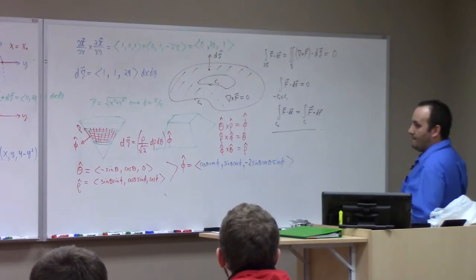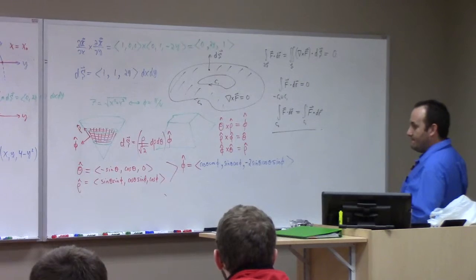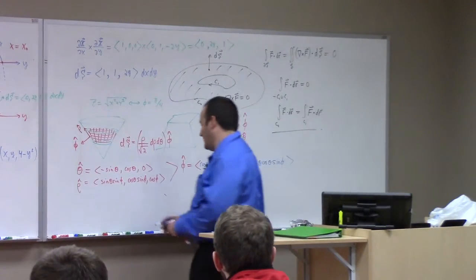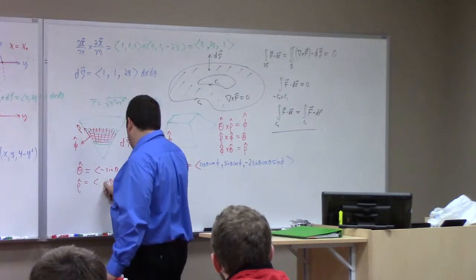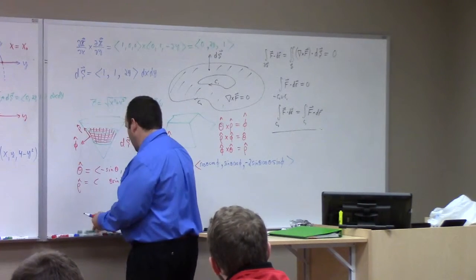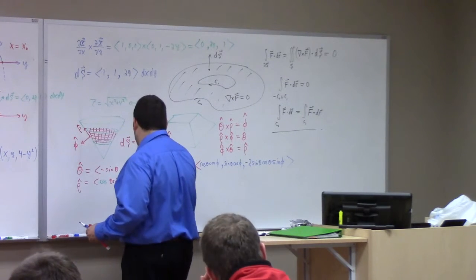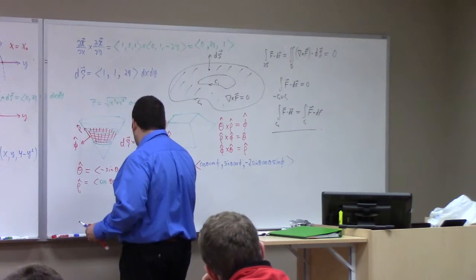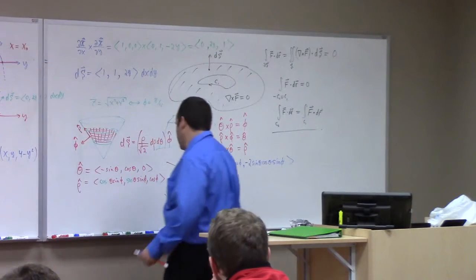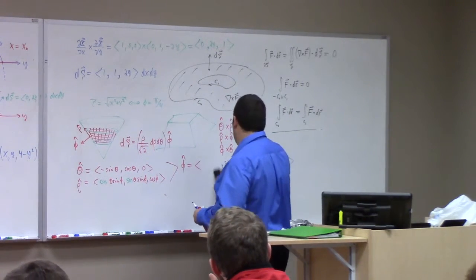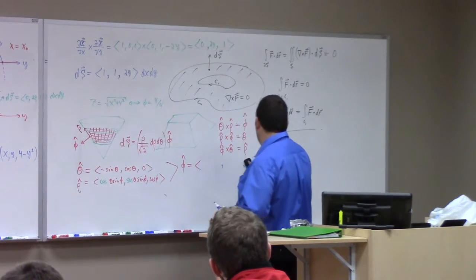No, rho hat is cosine theta, sine theta. Oh, goodness gracious, thank you. I am such an idiot. Duh. Golly, I can't believe I did that. Yes, the cosine is first for the x, and the sine theta is for the y, of course. Goodness gracious. Take away my license to do multivariate calculus.